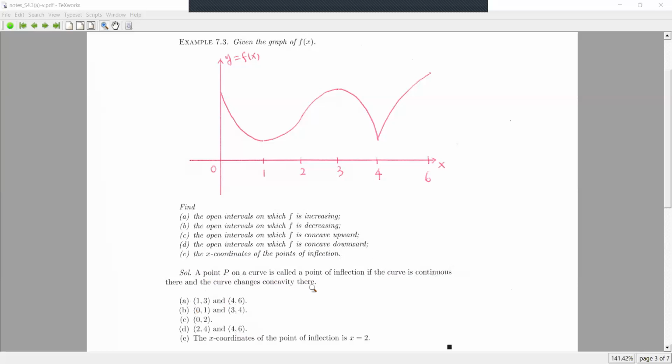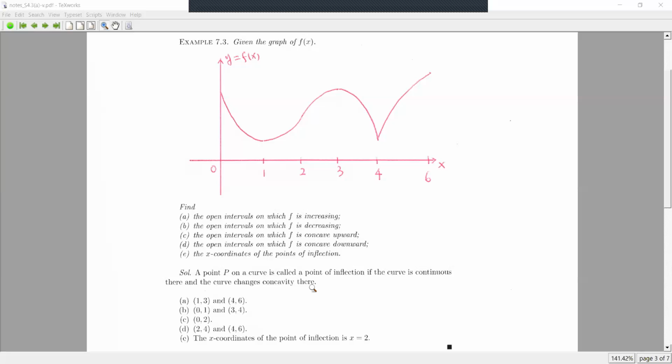That means that it changes, say, from concave down to concave up, or from concave up to concave down at the point. Then the point is a point of inflection.